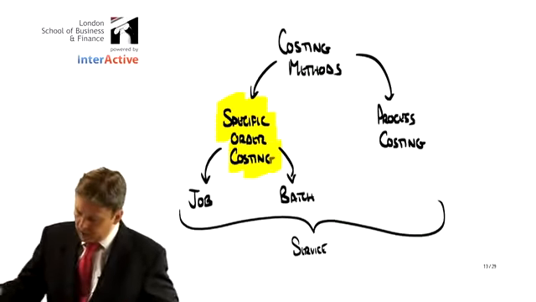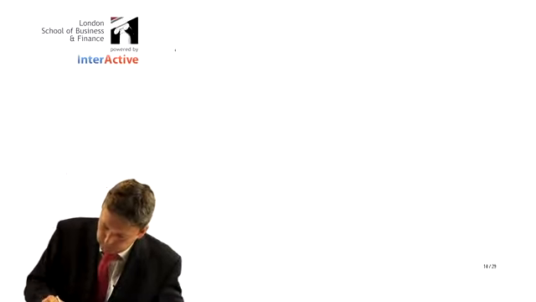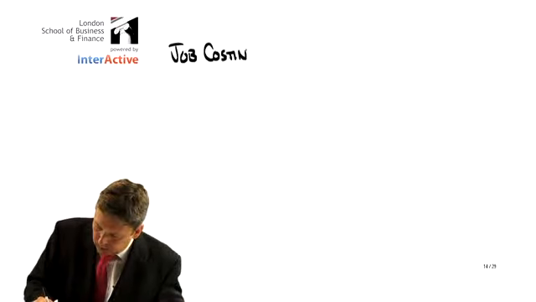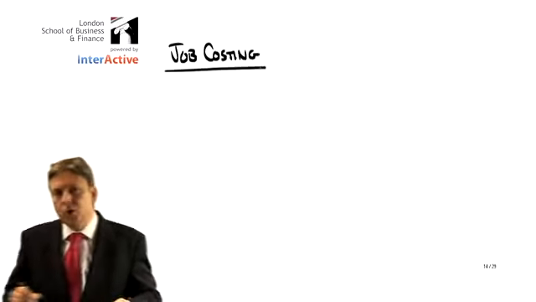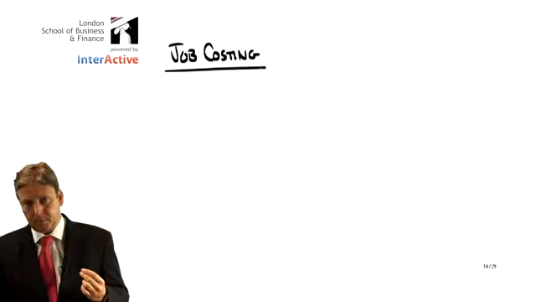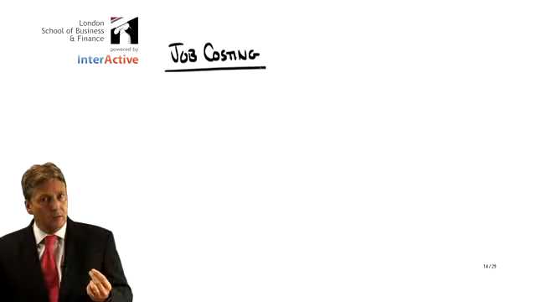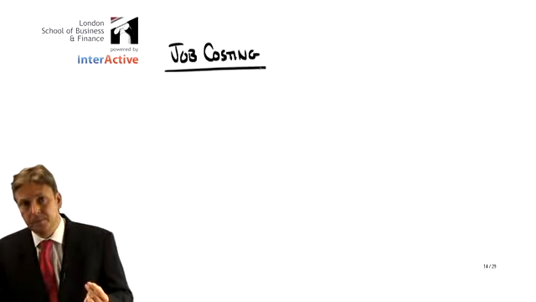So, if we looked at job costing first of all, job costing arises where we have a unique product. This means that it is normally requested by the customer.